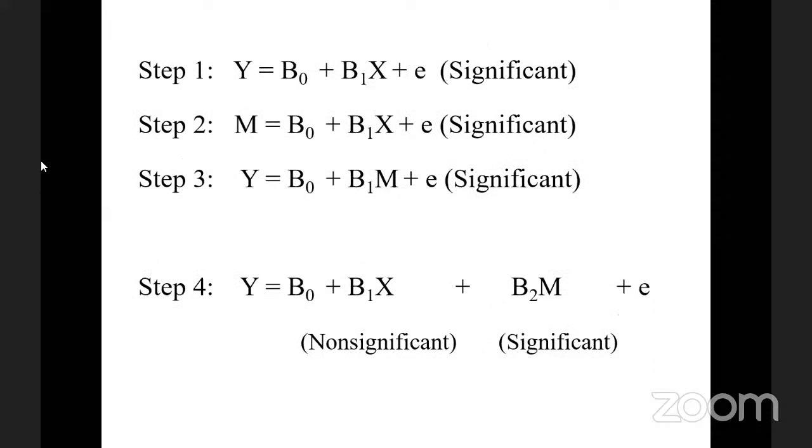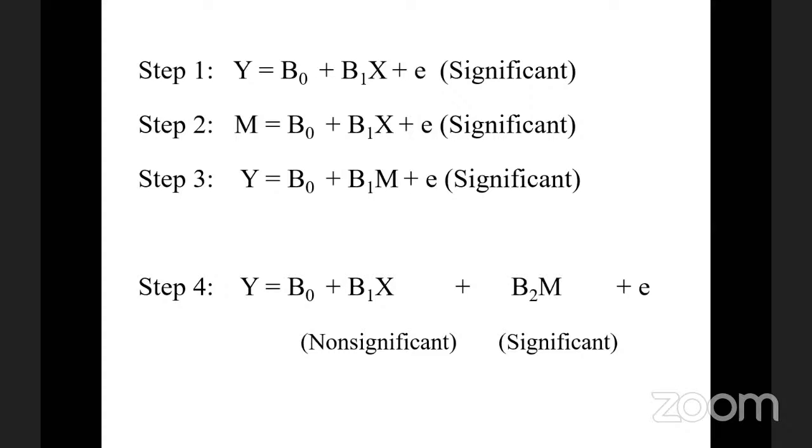What does it mean? It means this. When we use the four step process, in the first step, the relationship between the dependent and independent variable should be significant. In the second step, we check the relationship between the independent variable and the mediator variable. It should be significant. Third, we check the relationship between the mediator variable and the criterion variable.